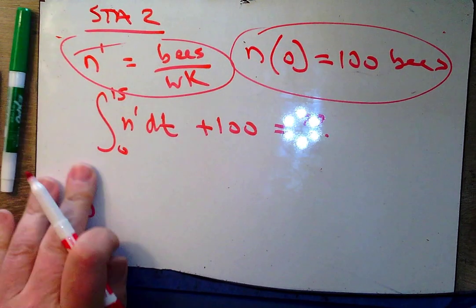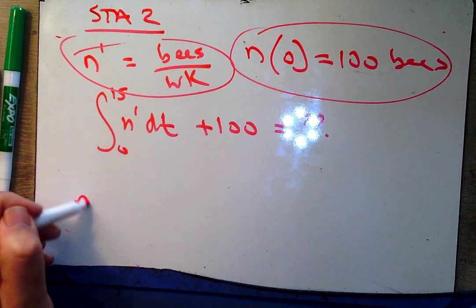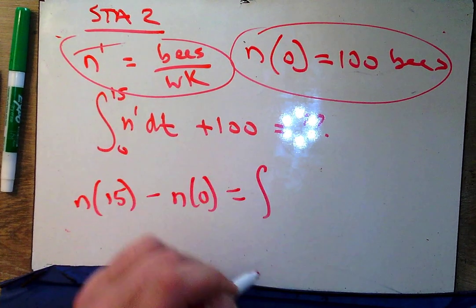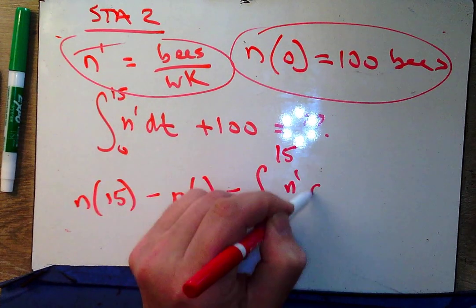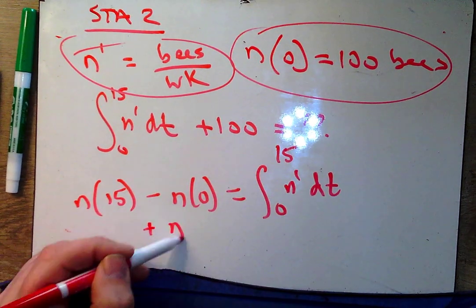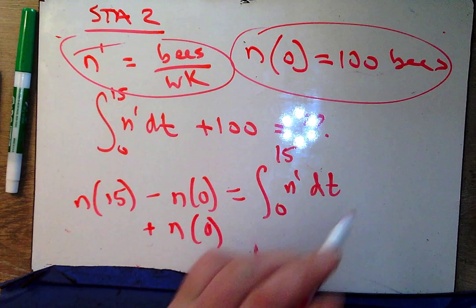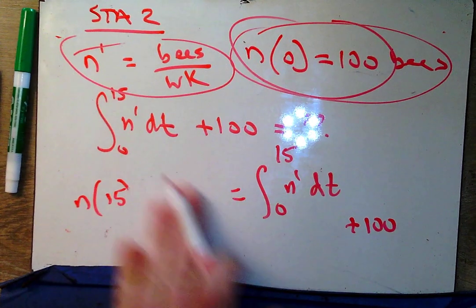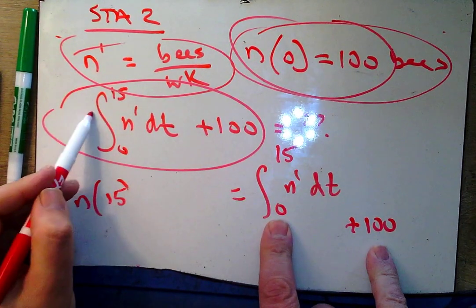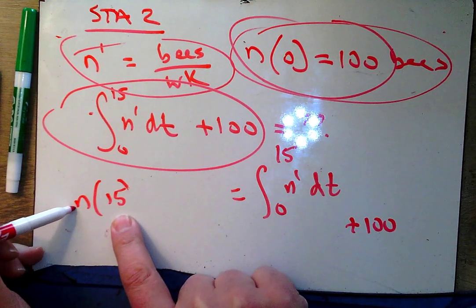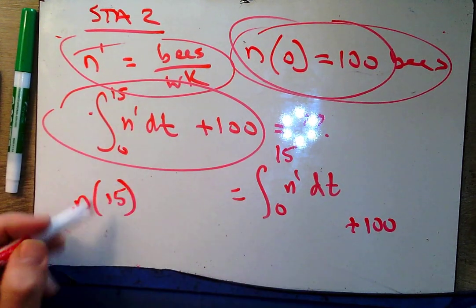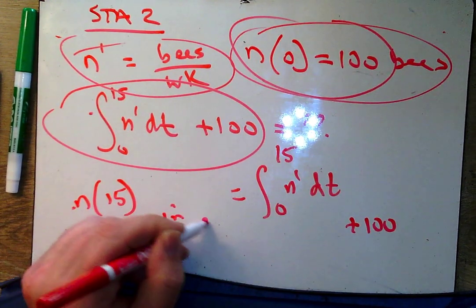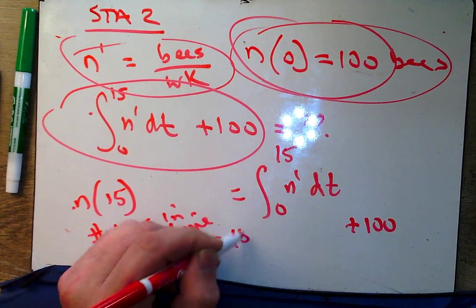Well, I think I'm really just looking at that FTC2 thing again. I think I'm looking at n of 15 minus n of 0 equals the integral from 0 to 15 of n prime dt. And if I add n of 0 to both sides, which is the same as adding 100 to both sides, that's giving me exactly what they're looking for, which is n of 15. And so what am I finding there? I'm finding the number of bees in the hive after 15 weeks.